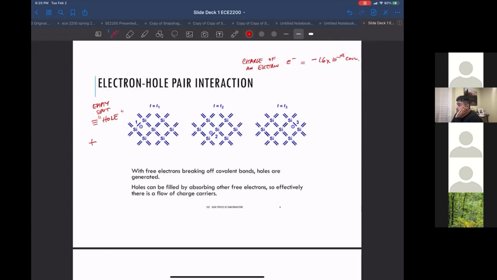So it's a negatively charged particle, as you know. A hole has the same amount of charge, but it has a positive charge. And basically, this hole can move around as if it was a positively charged electron.